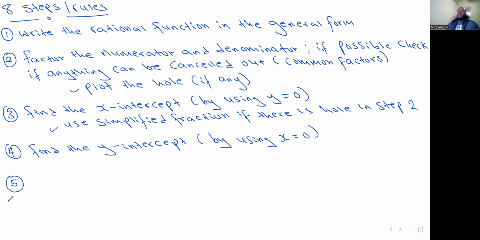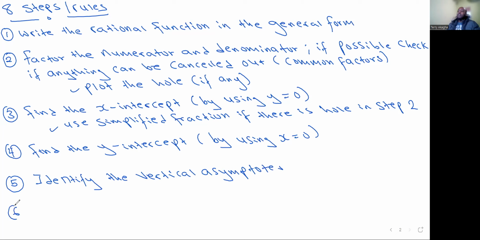Now, after you found the x-intercept and the y-intercept, the next thing you have to do is identify the vertical asymptotes, okay? I already have a video on this. I've already explained how you find vertical asymptotes, so go back and see how to find them.